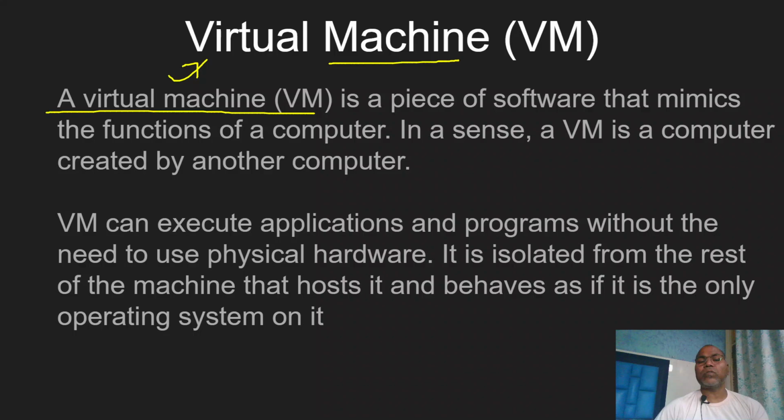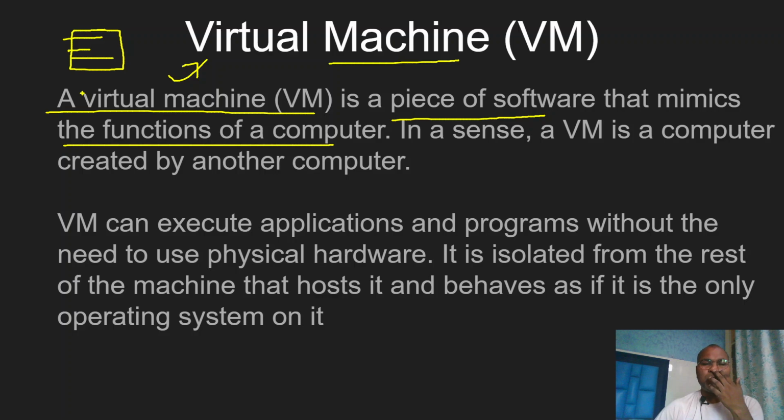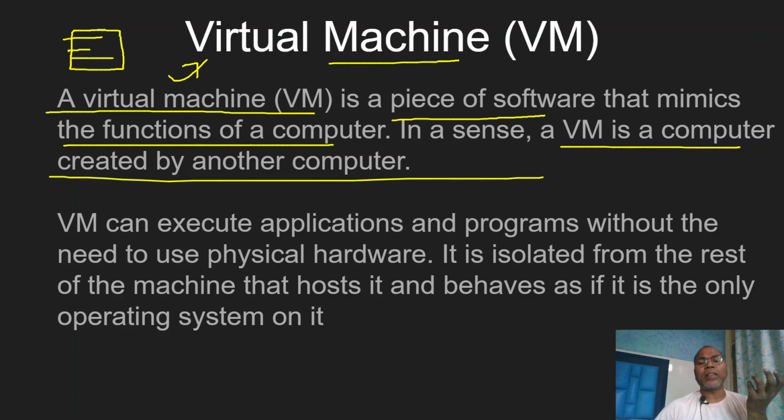So what is a virtual machine? A virtual machine is also a piece of software that functions as a computer. Previously we had one specific server or computer available, and we needed hardware and software. The similar kind of thing is possible. In a sense, a virtual machine is a computer that is created by another computer.